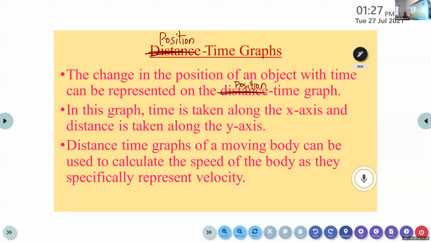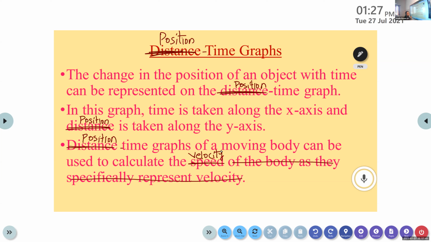And another use of this position time graph: the position time graph of a moving body can be used to calculate the speed of the body, as it specifically represents the velocity. Or you can say the position time graph is used to calculate the velocity of the body.